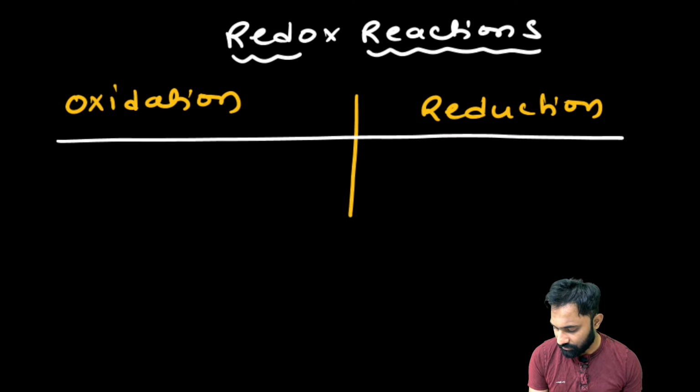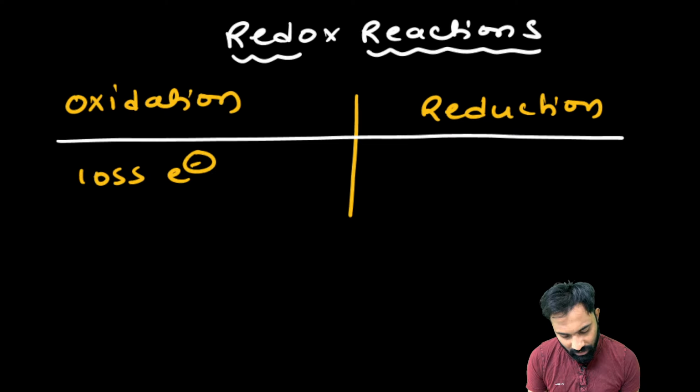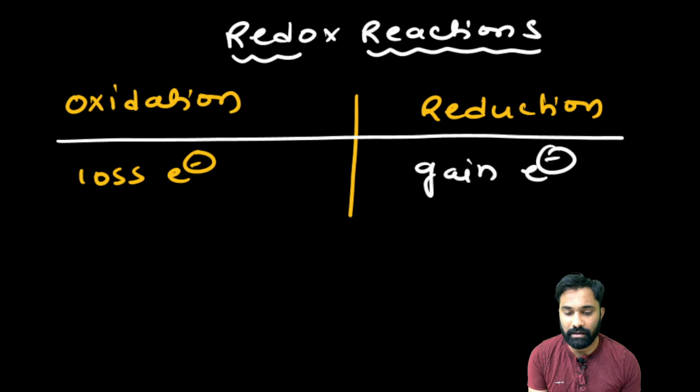Loss of electron, gain of electron. Right. Now, the loss of electron is known as oxidation. The gain of electron is known as reduction. Done. So the loss of electron is oxidation and the gain of electron is reduction.